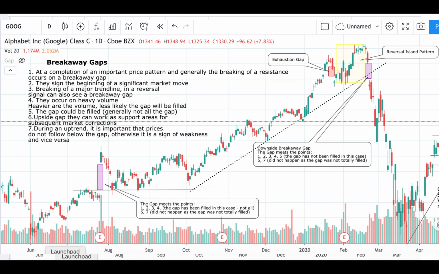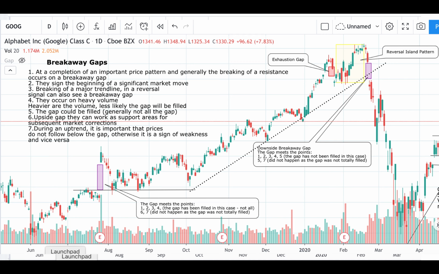Once we know that the trend line is being violated, okay, the trend might reverse. But once we have even a gap, that is one more piece of information, and we can be more confident that the market is really reversing, is really going into a downtrend.